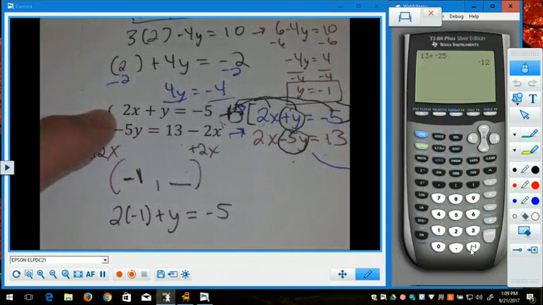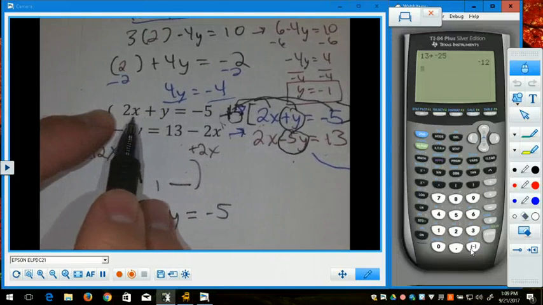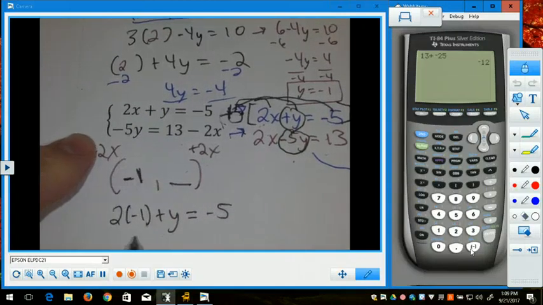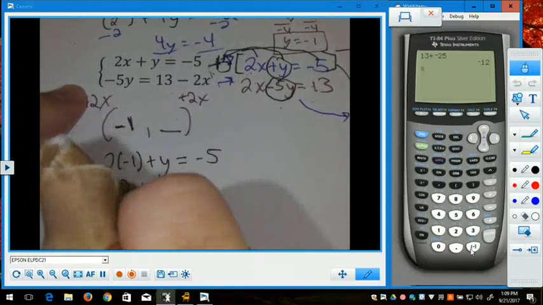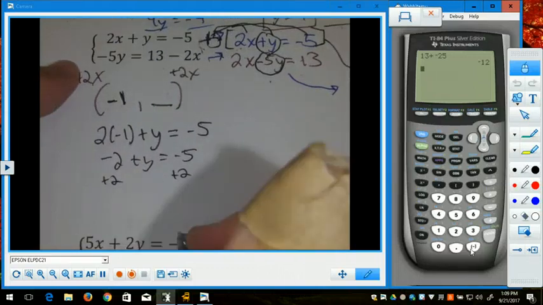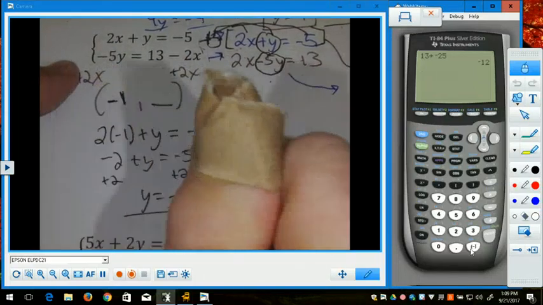I'm just plugging it back in. Wherever I see an x, I know x is -1, I'm making it what it is. And so when I do this one, I have -2 plus y equals -5. I add 2 to both sides, and I get y equals -3.